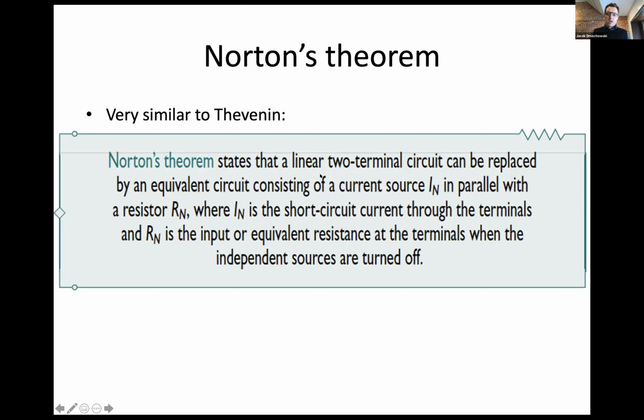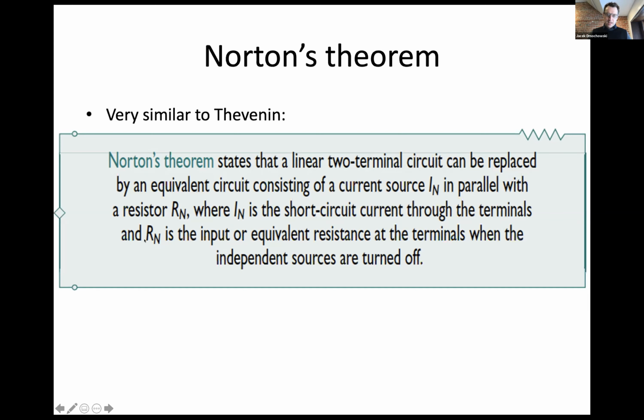So any linear 2-terminal circuit can be replaced by an equivalent circuit consisting of a current source in parallel with a resistor. Here's another important difference: the value of that current source is no longer equal to the open circuit voltage. Instead, it's equal to the short circuit current.